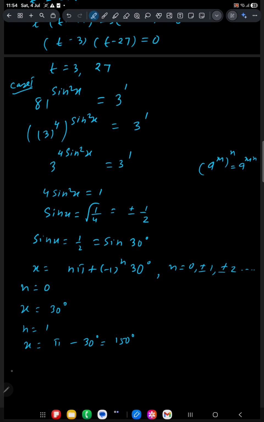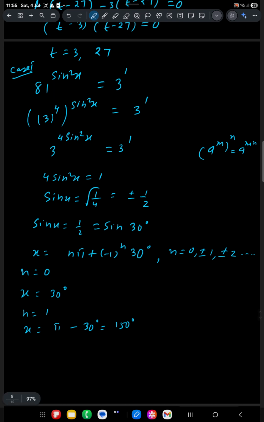So only n equal to 0 and 1 will be acceptable. And since the values are positive in 0 to pi, we will not consider the negative half, because we don't want negative angles. The range is 0 to pi and sine will be positive. So only these are the acceptable values for this case.